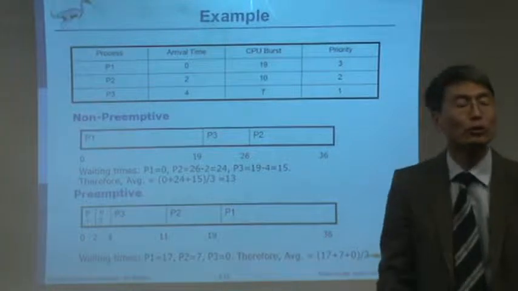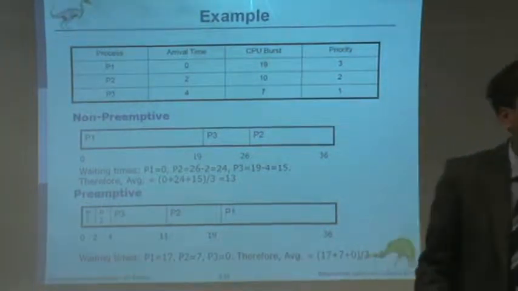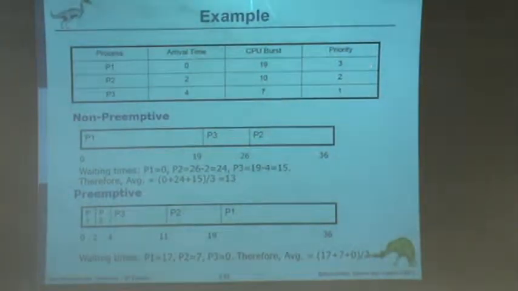That's what you need to do in your project 1. So it has a priority. Which one is the higher priority, P3 or P1? Process 3. Lower is the higher priority, so don't be confused.